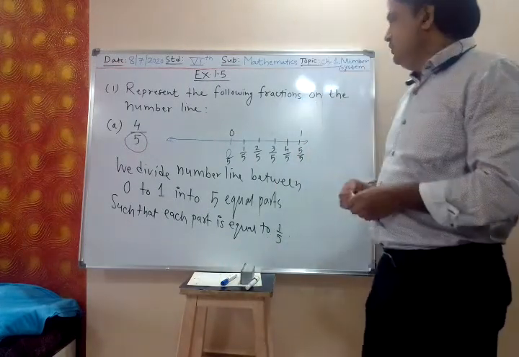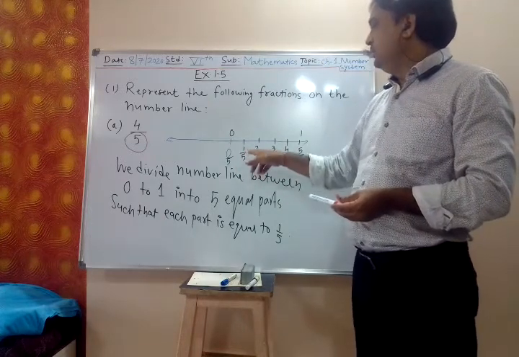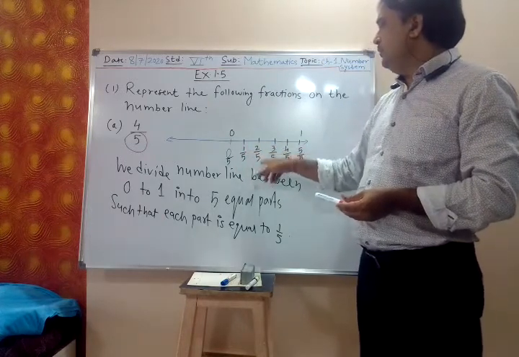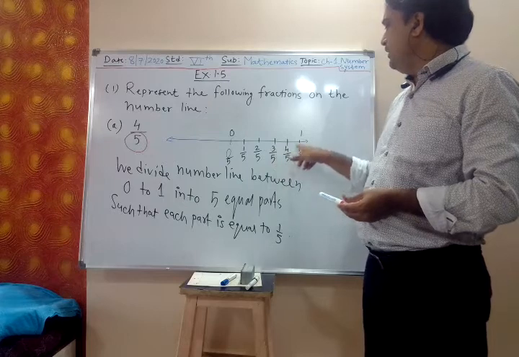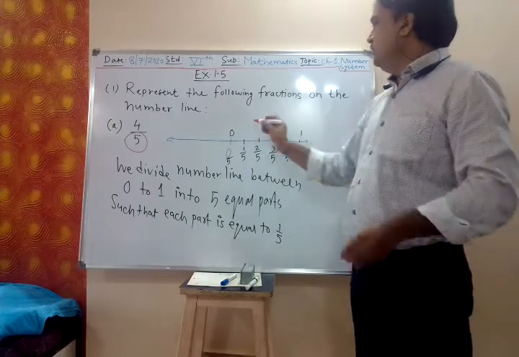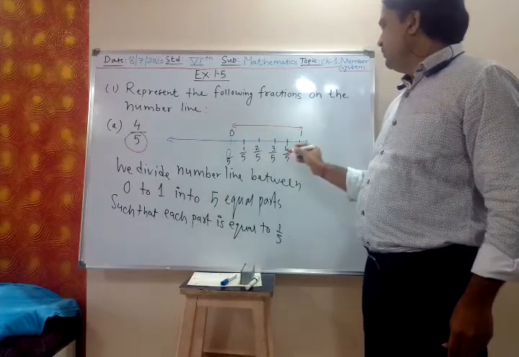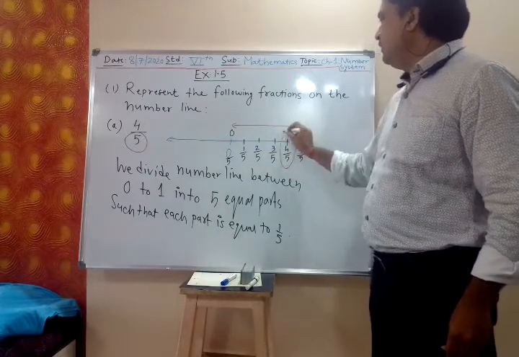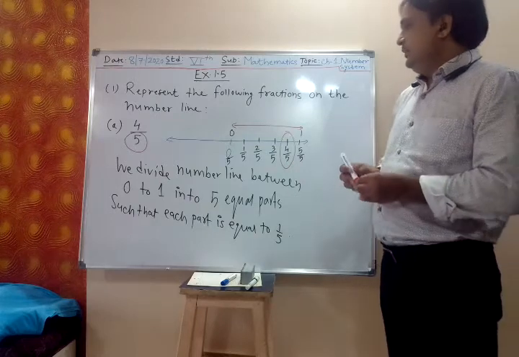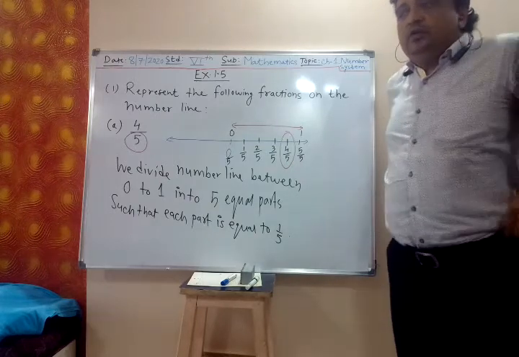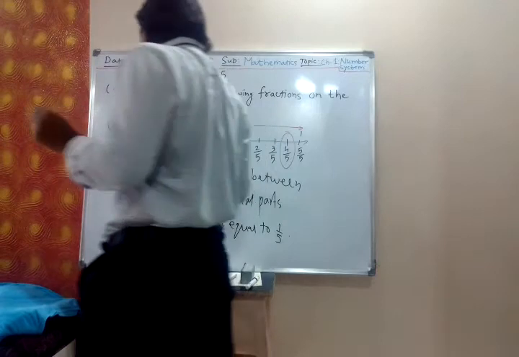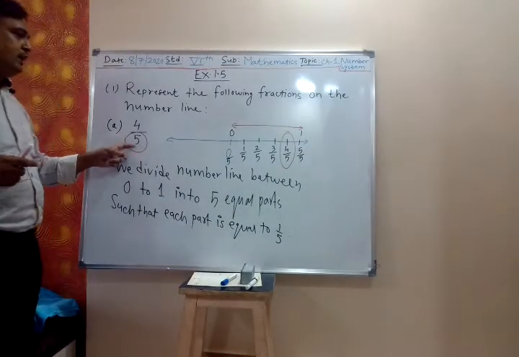So 0 upon 5 is 0. Then 1 upon 5, 2 upon 5, 3 upon 5, 4 upon 5, 5 upon 5 is 1. So this 0 to 1 we have divided into 5 equal parts. And this is my number 4 upon 5. So you have to see the denominator.